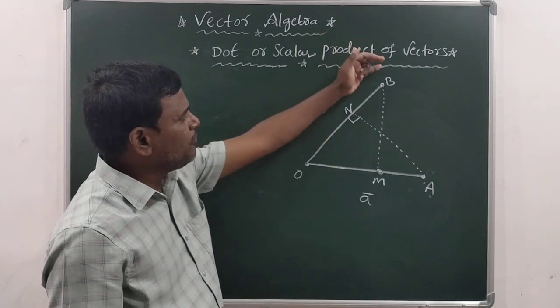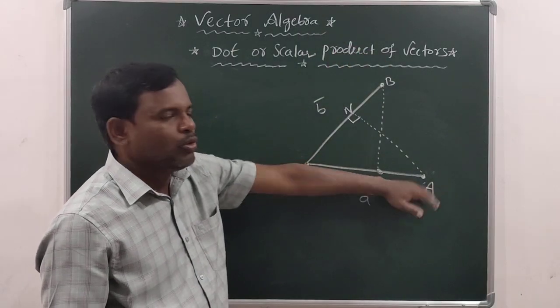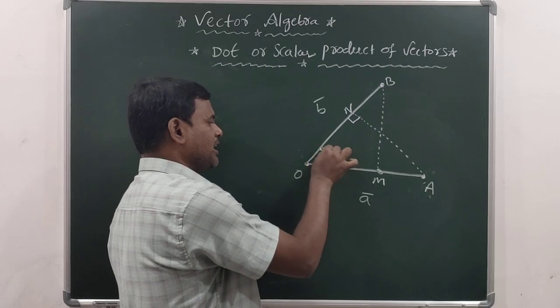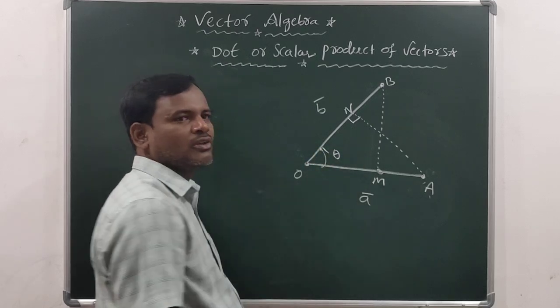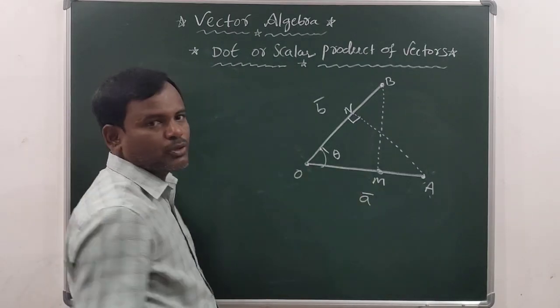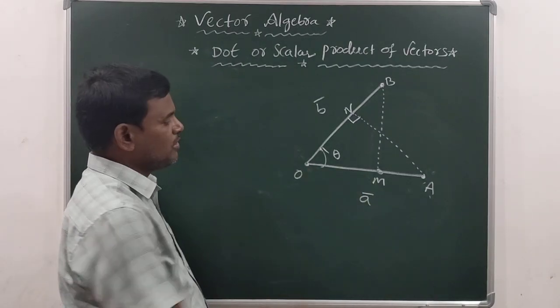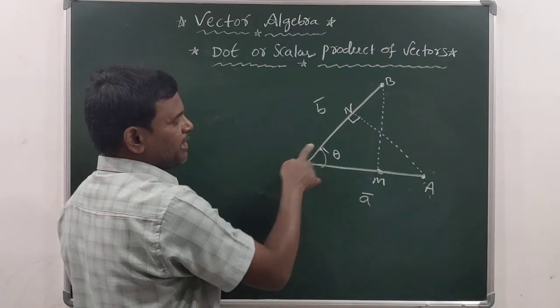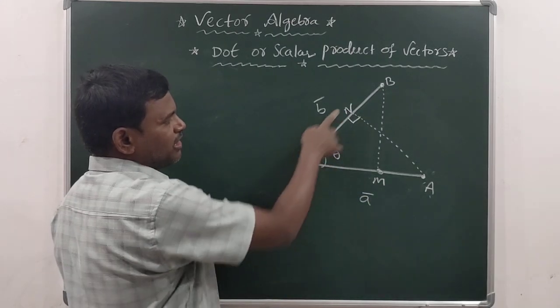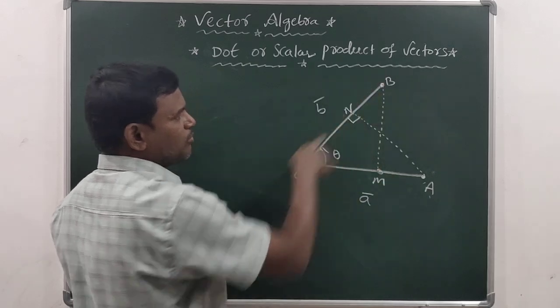The shadow of this B on OA is OM. Your angle between them, you can take theta. Okay, students, OM is what? This is the projection of B on A. And ON is what? Projection of A on OB.